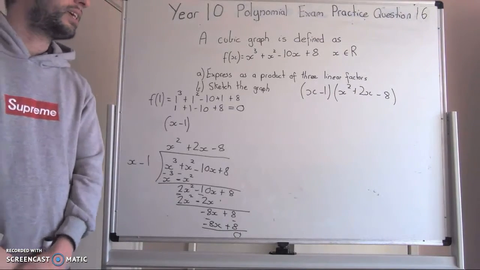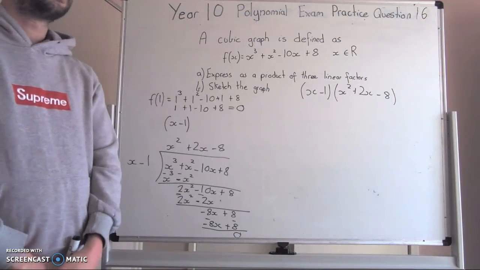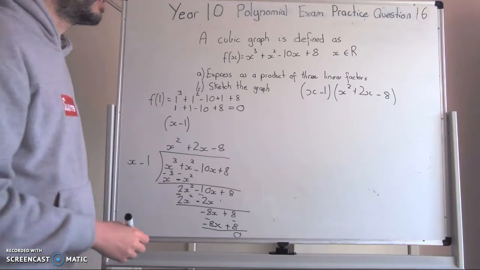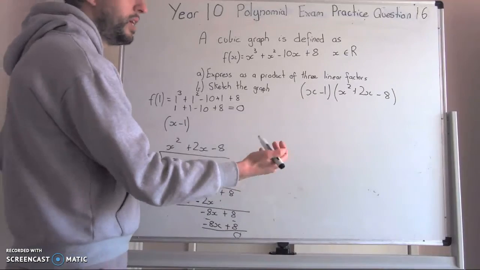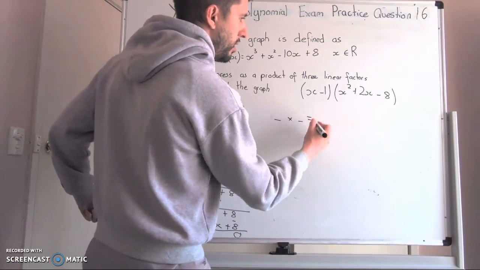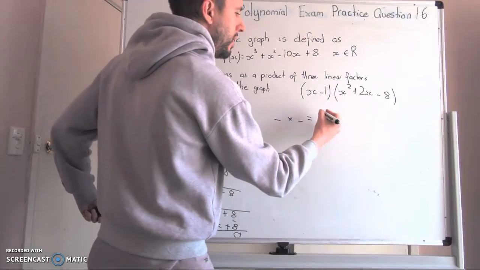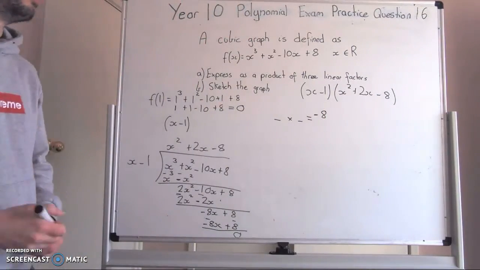Now the next thing that I need to do is look at my quadratic and be able to get it into two linear factors. To do that, I need to understand how to factorize. So in this case, I am looking at two numbers that times together to equal AC, or it's just C, which is negative 8. So let's brainstorm.